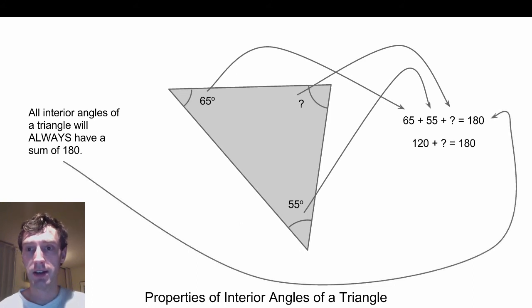Knowing that, I can add the two known angles, which give me 120, plus the unknown would give me a total of 180. That means the difference between 120 and 180 is my unknown angle. When I have a difference, I can use subtraction to find my unknown angle, and that unknown angle is 60 degrees. So I can replace my unknown with 60 degrees here.